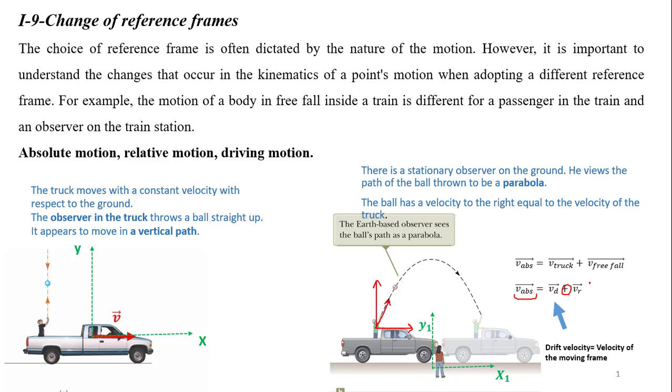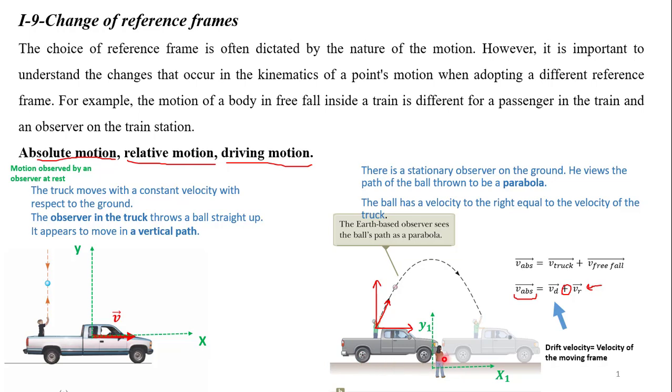We will see this relationship later on, but I want you to understand that the absolute velocity is the velocity as seen by an observer at rest, and it can be the composition of two velocities. Vd is the velocity of the truck, or the velocity of the moving frame, plus Vr, the velocity of the object as seen by the moving observer. So we can distinguish the absolute motion, which is the motion observed by an observer at rest.